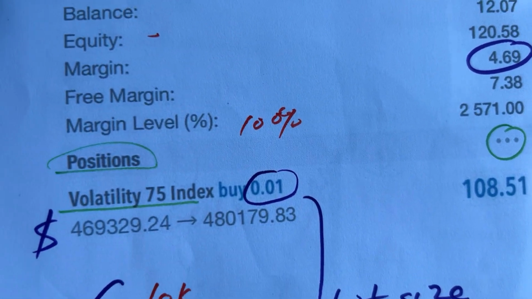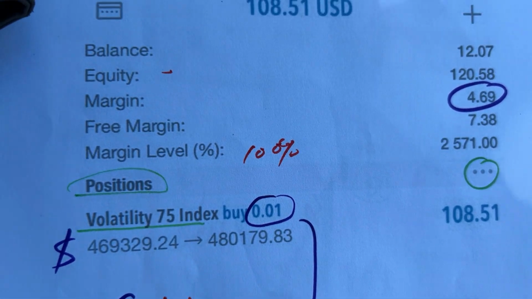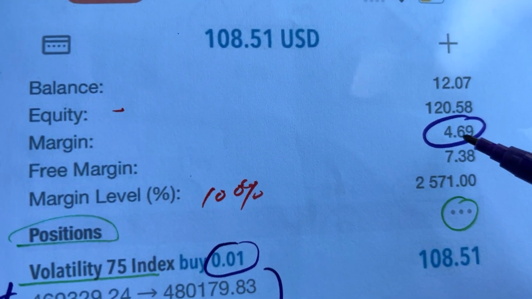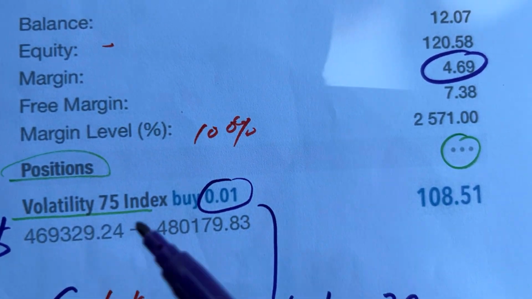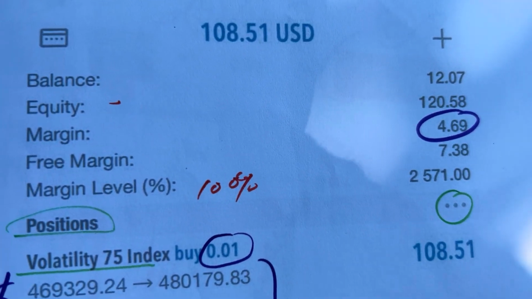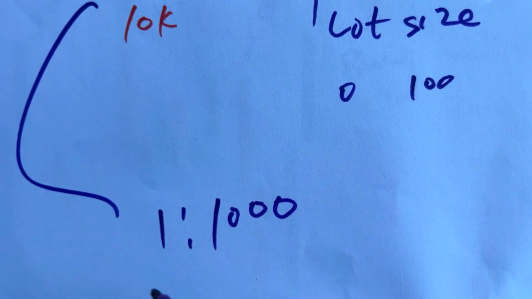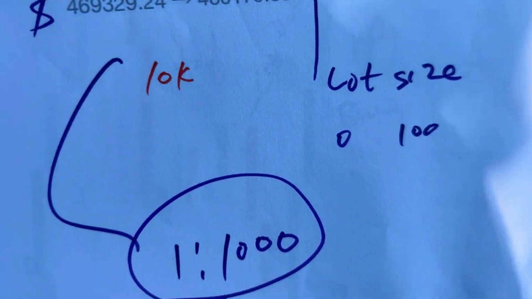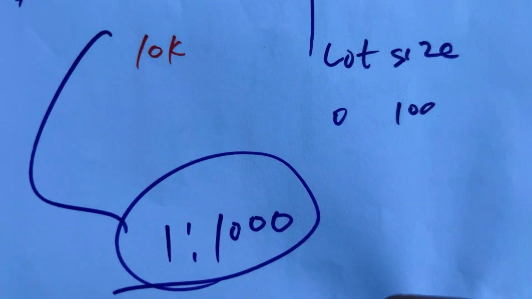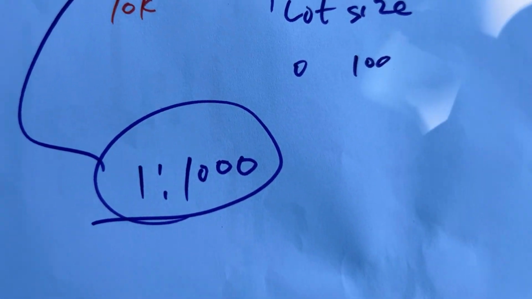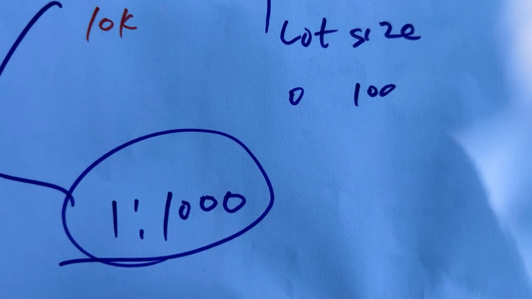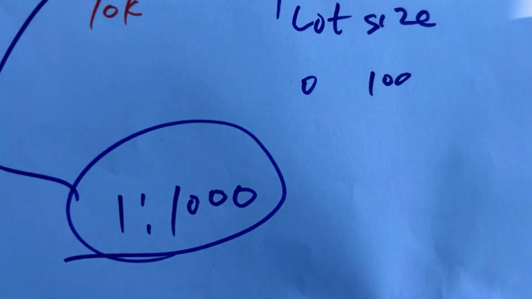The reason why I need only 4.6 is because I have what we call leverage of 1:1,000. That's why I now need less money. And the facilitator who's responsible to give me 1:1,000 is called what?